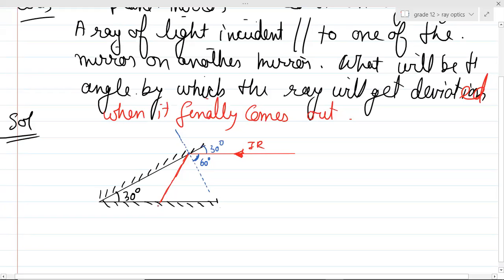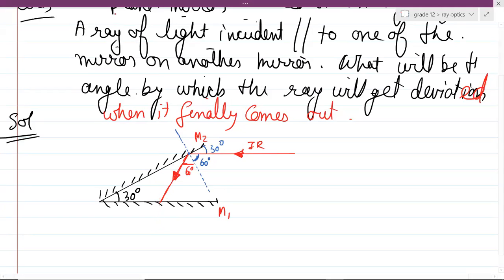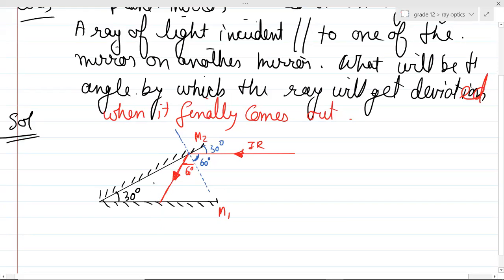Yes or no? Yes, sir. So basically, can I say this particular thing? This is 60 degree. So the light ray after first reflection from mirror, let's say M2, will be reflected like this. And then at this particular point, it will fall. So what will be the new angle of incidence?